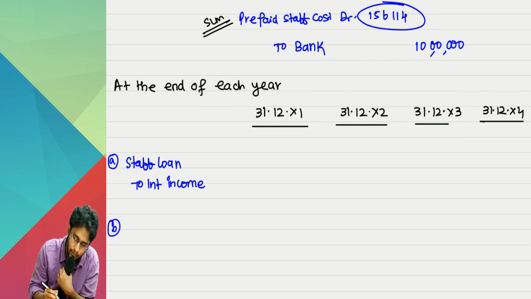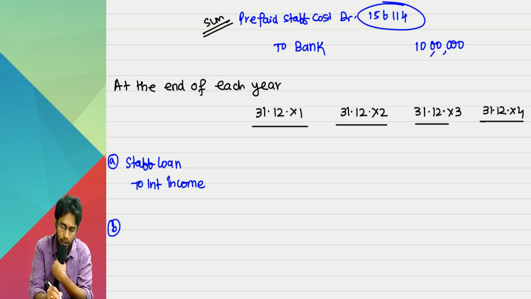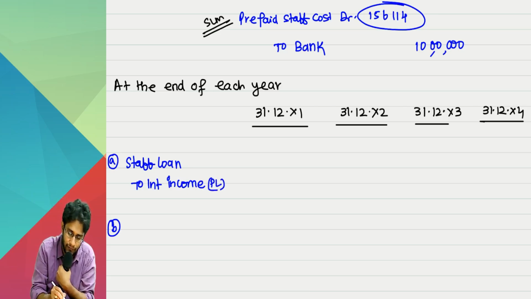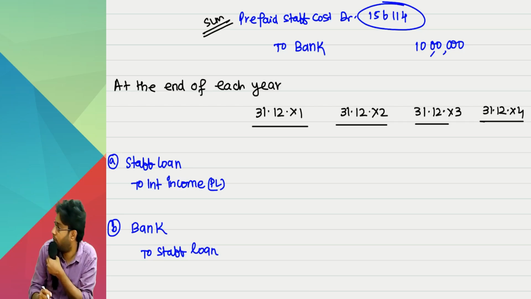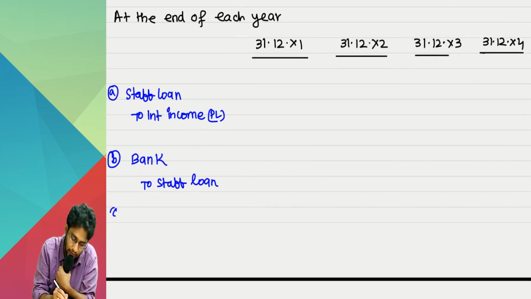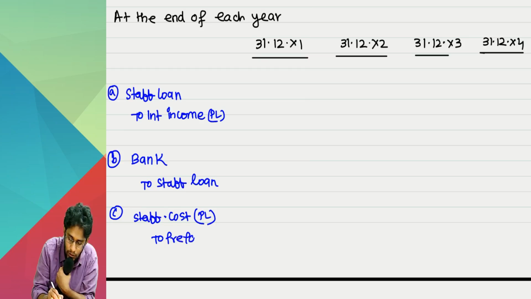Okay, next, point B: interest income will be thrown off into the P&L account. Very good, sir. The staff who took the loan from us will pay some amount. Contractual cash flow received: bank to staff loan. Then, whatever prepaid staff cost you wrote, you will have to amortize it to P&L. So this is amortization.